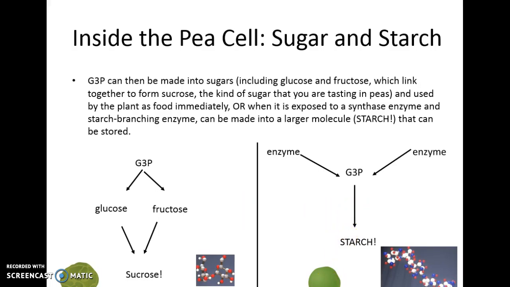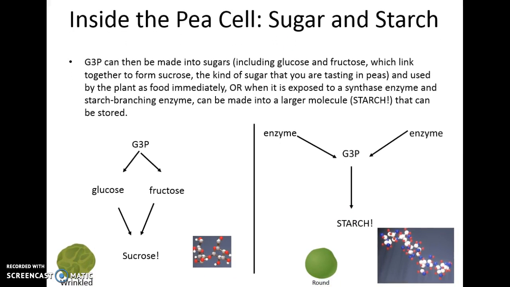So if we look at this step by step inside the pea cell, G3P is made into sugars, including glucose and fructose, which then combine to form sucrose. So a plant might take this G3P, make these 2 little sugar molecules, glucose and fructose, and combine them into a bigger molecule, sucrose, and that's a picture of sucrose over there.